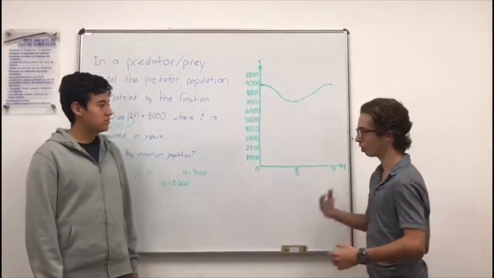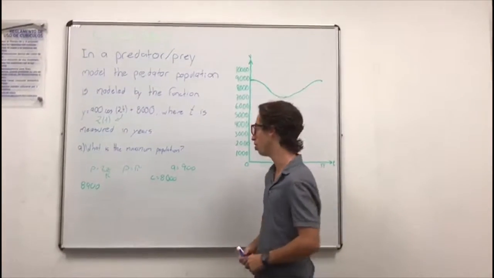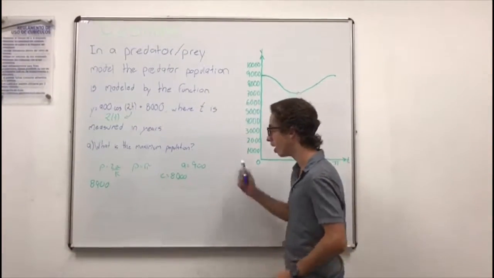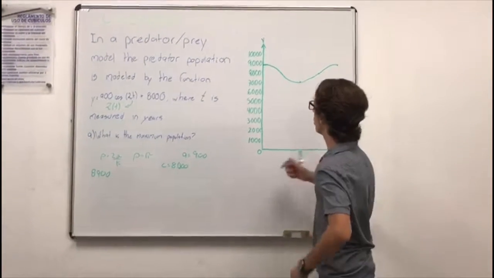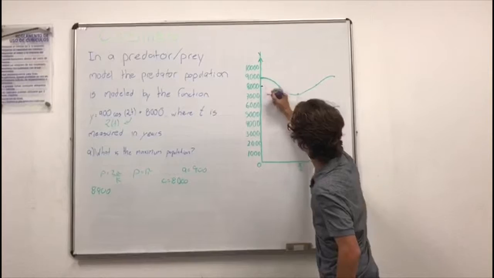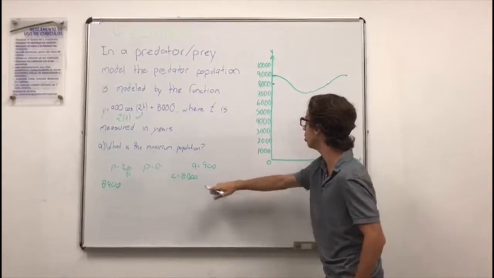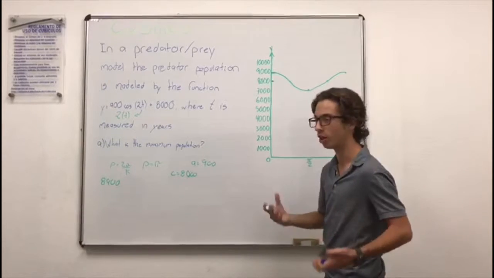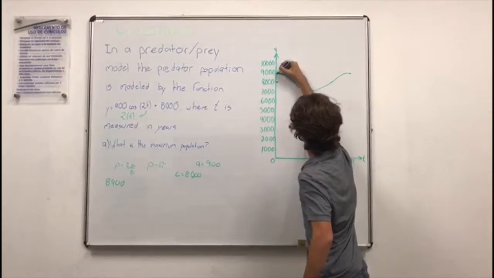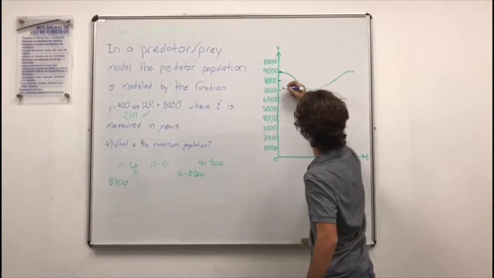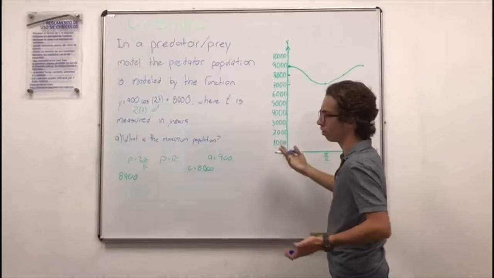Just to remind ourselves, amplitude is the distance between this point, which is the new x-axis, which is 8,000, and this point. I'll explain C later. It's not the distance between these and these, it's the distance of half of it, okay?